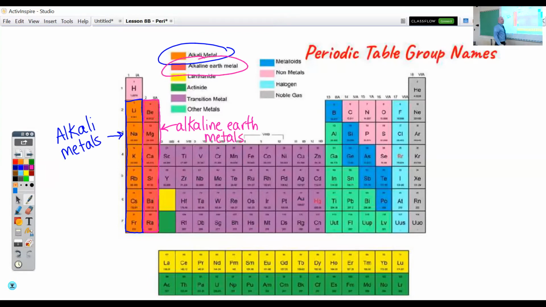It's this right here. And then the other two groups that I'm asking you to know are the halogens. So this right here, that's this group. This is group 17.